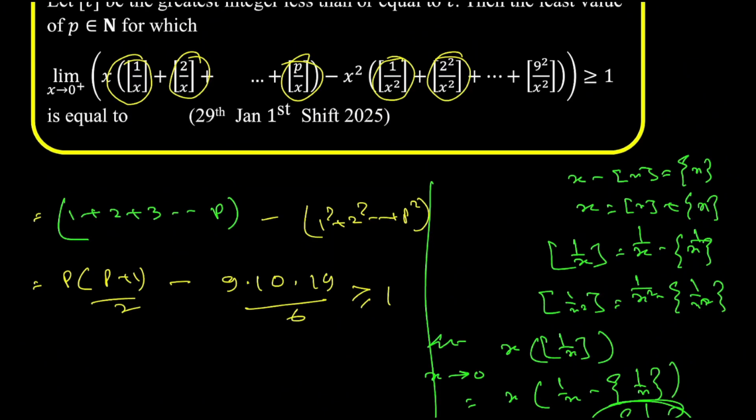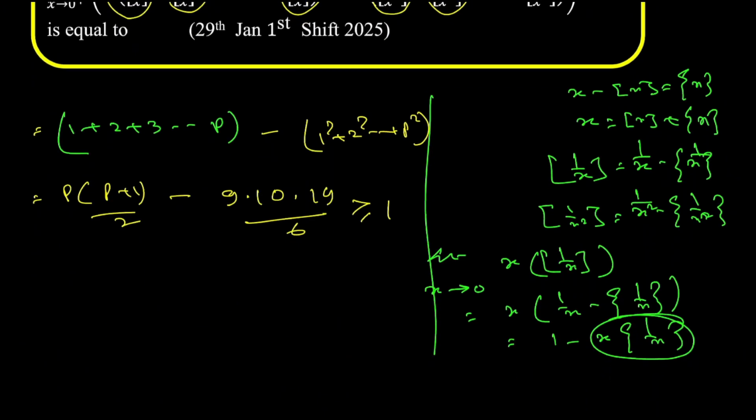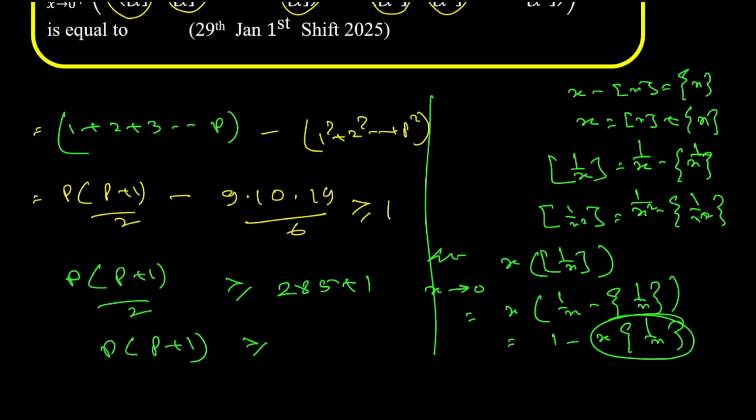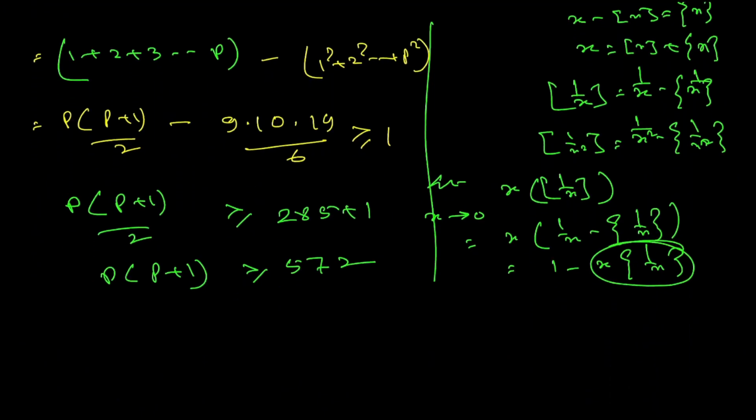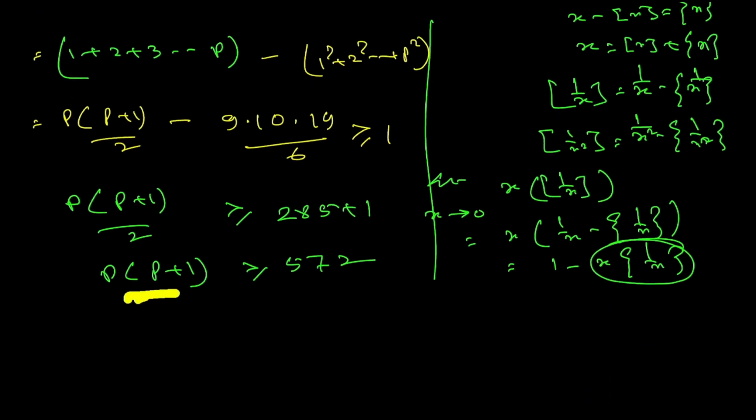Now we'll proceed. p into p plus 1 by 2 is greater than or equal to 15 into 19, that is 285, plus 1. So you have to calculate very fast. So p into p plus 1 is greater than or equal to 572. Just greater than 572.